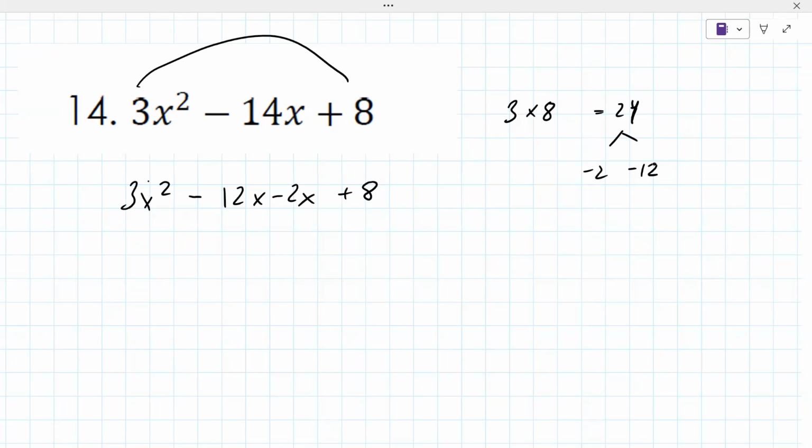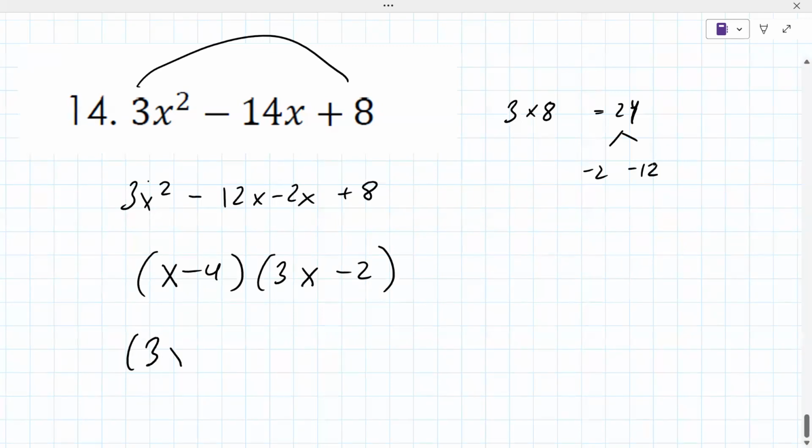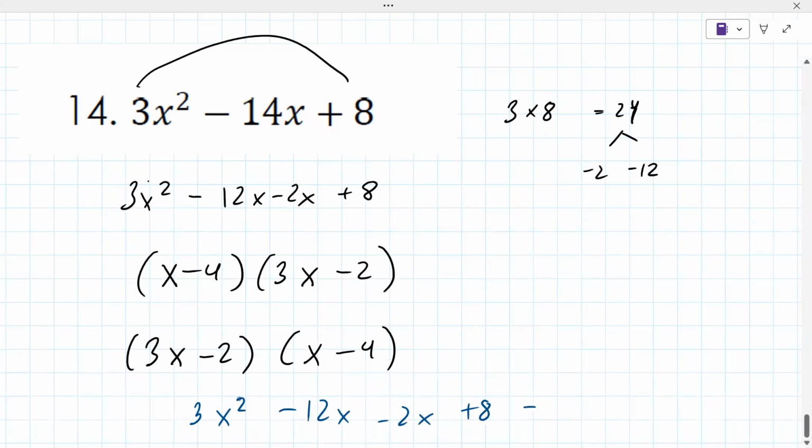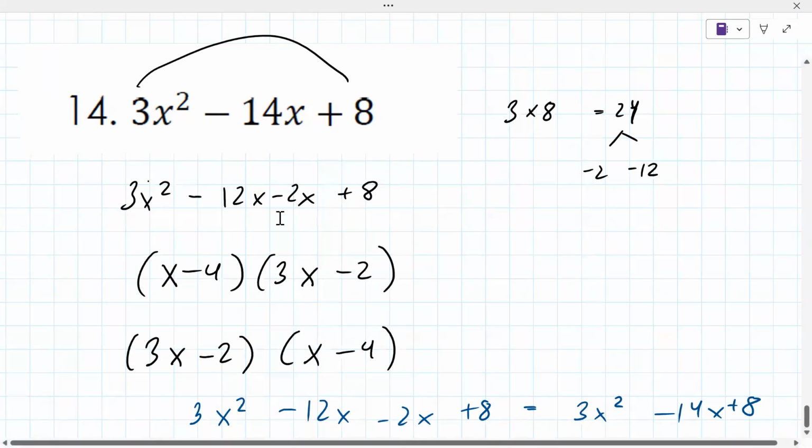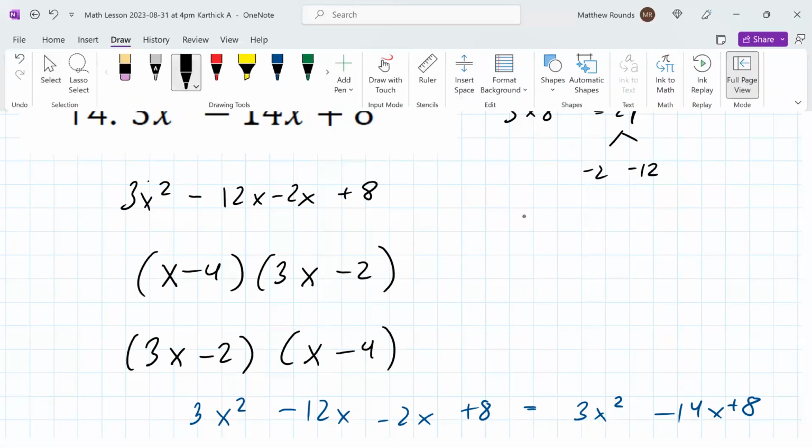And we have x minus 4 times 3x minus 2. Yep. Was that how you have it? Yeah. Okay. So typically the one with the bigger coefficient comes first as a preference, but they're both correct here. Let's just FOIL it and make sure it works. 3x squared minus 12x minus 2x plus 8, which does in fact lead back to the original. So you can always guarantee that you have the right answer if you have enough time to FOIL it to get back to the original.